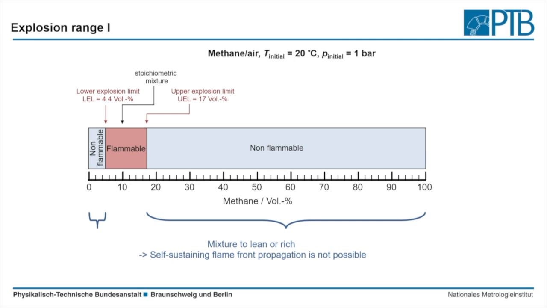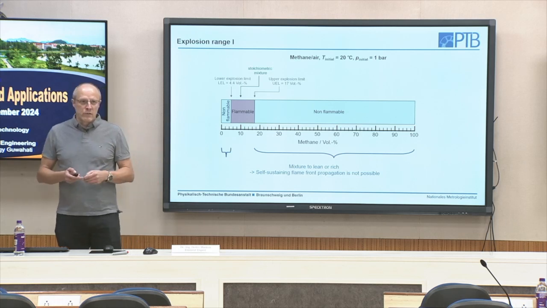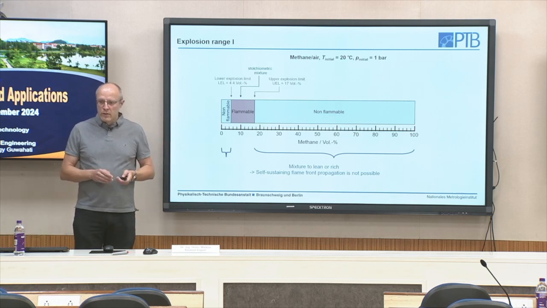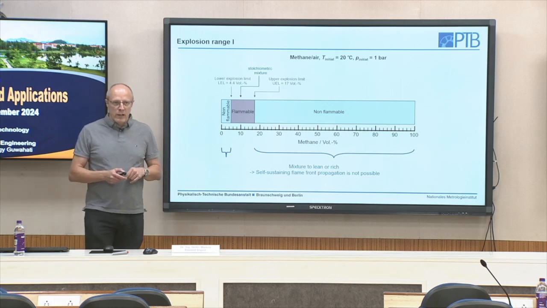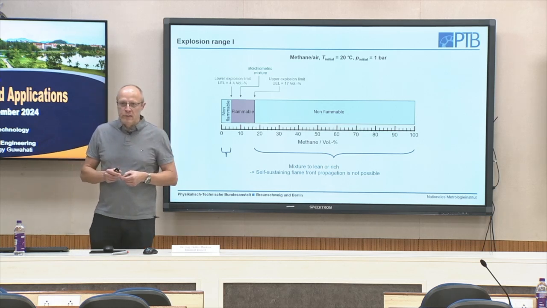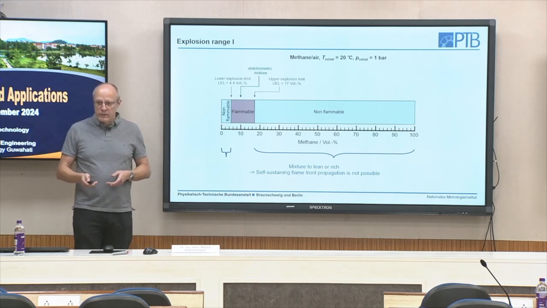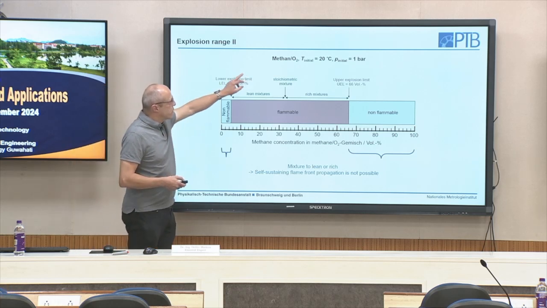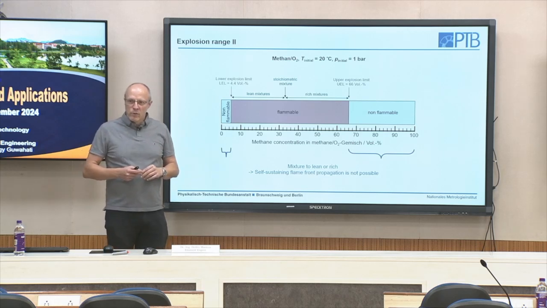Again, we deposit a very strong spark, but you can also use chemical igniters, so it does not depend on the ignition source. The energy release from the chemically stored energy, heating up the system, is not enough in this mixture for self-sustaining flame propagation.